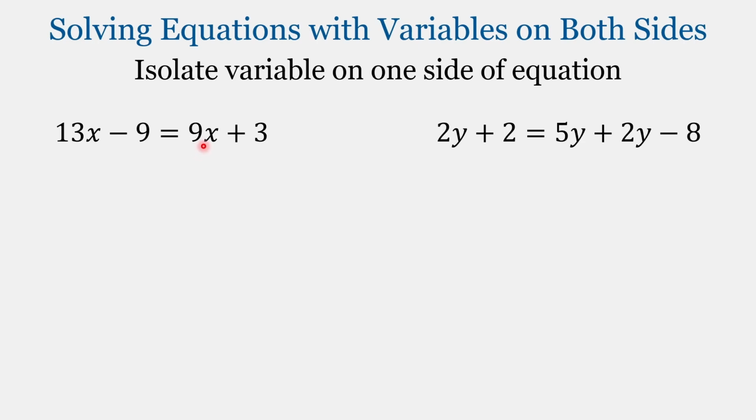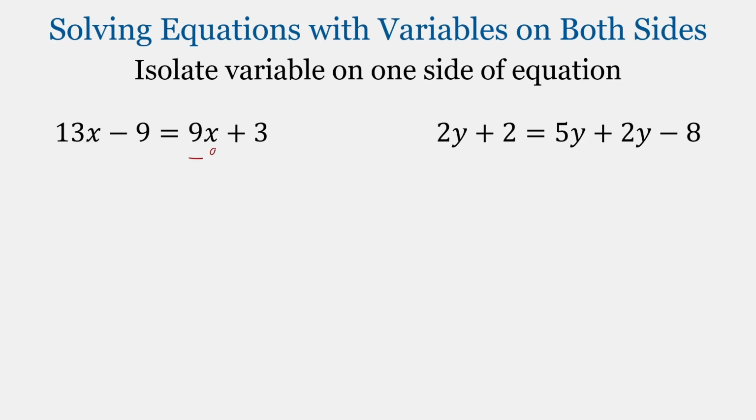If I subtract 9x from 13x, it'll be positive 4x. If I go the opposite way and subtract 13x from 9x, that'll be a negative 4x.